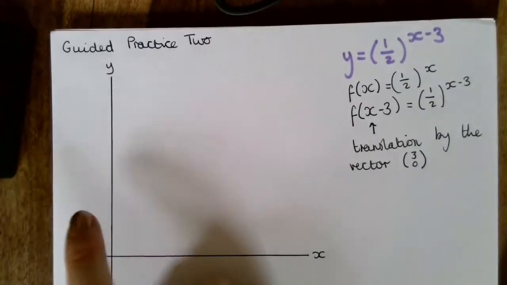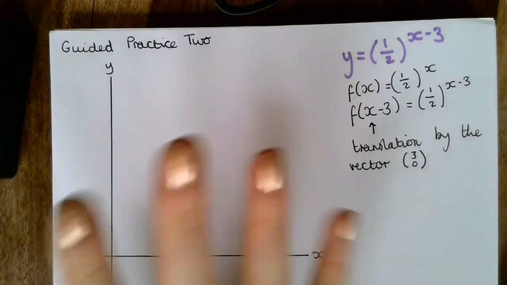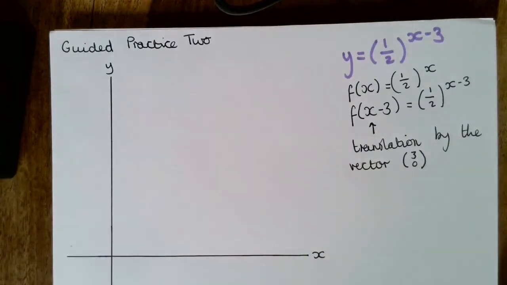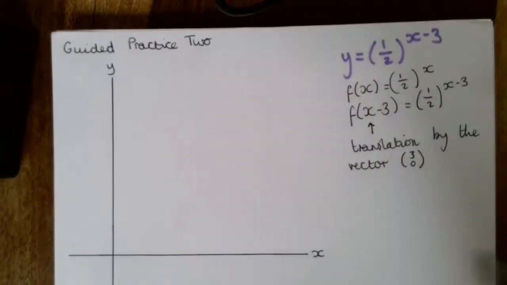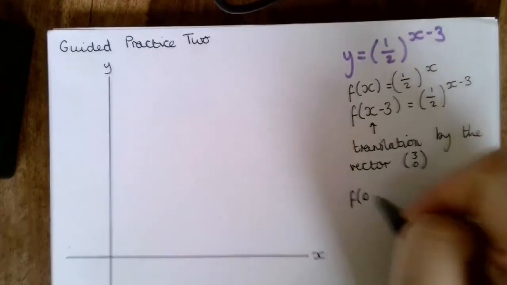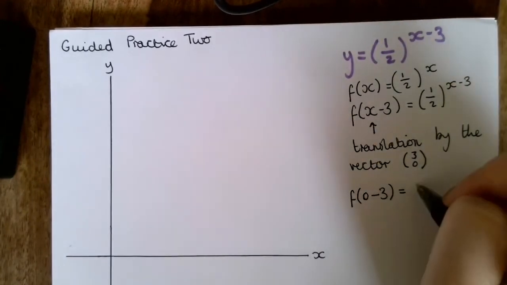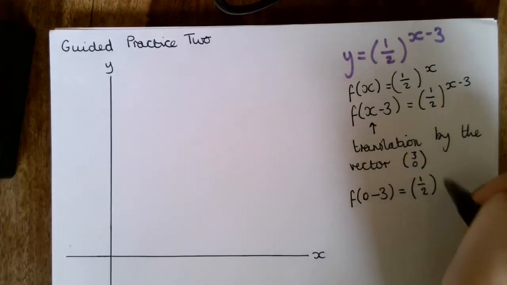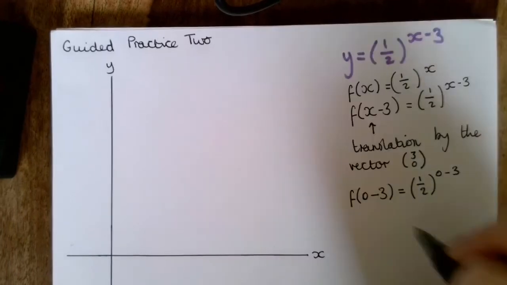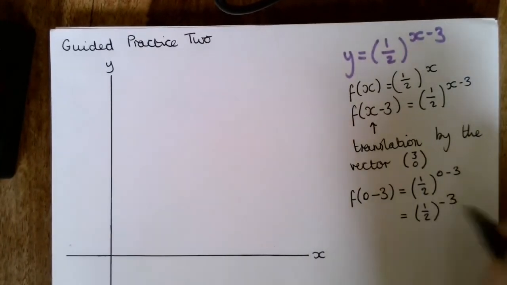Our y-intercept that was originally 1 is going to change, and we need to find out the exact value of that y-intercept. We know that the y-intercept is when x equals 0, so we're going to find f of 0 minus 3, which is a half to the power of 0 minus 3, which is a half to the power of minus 3.